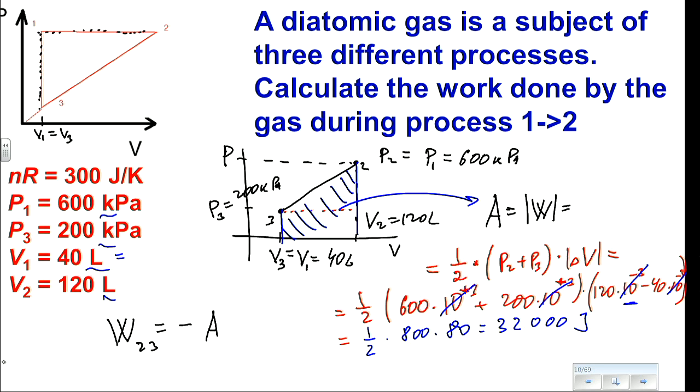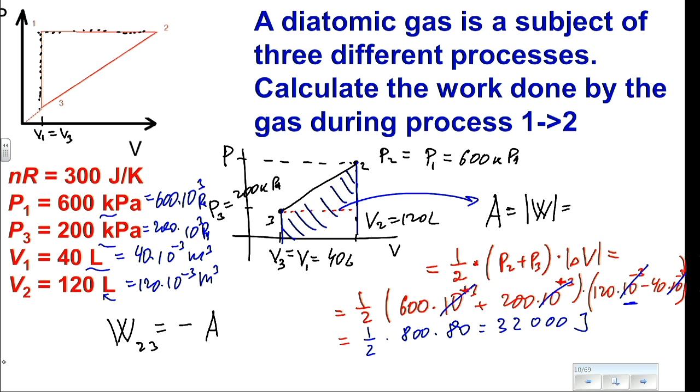So that's exactly what I did. So this is 600 times 10 to the third pascals. This is 200 times 10 to the third pascals. This is 40 times 10 to the negative third cubic meters. This is 120 times 10 to the negative third cubic meters.